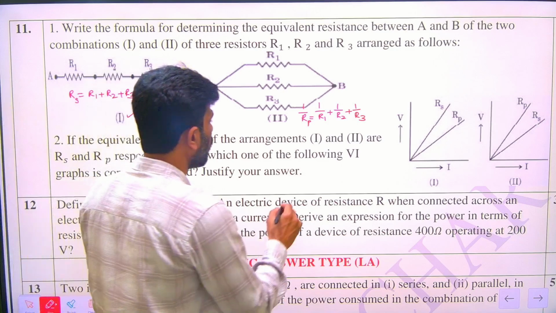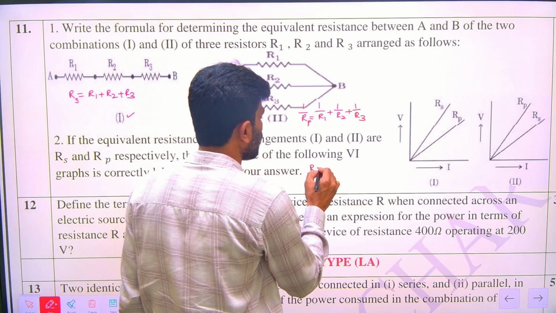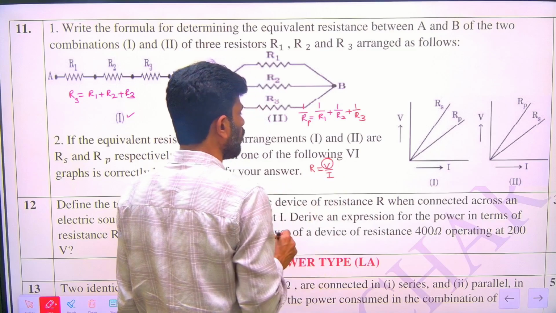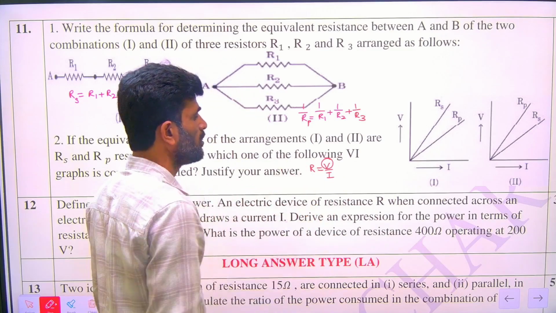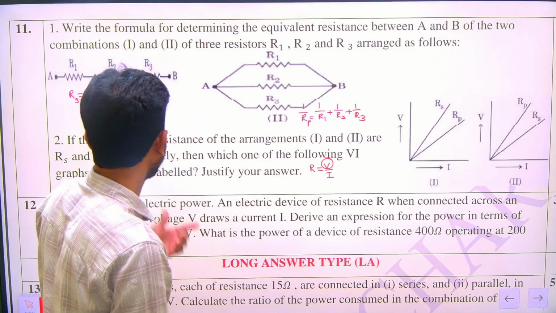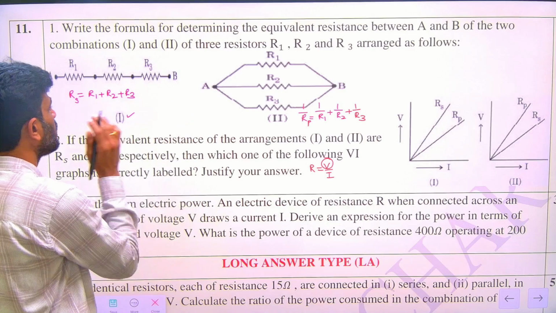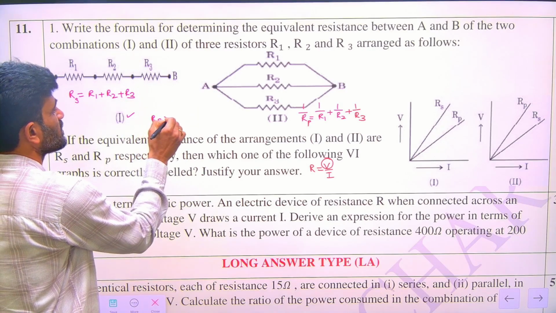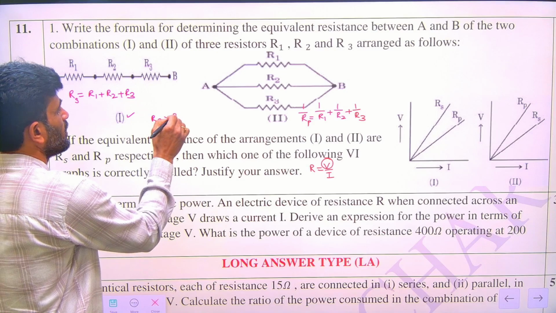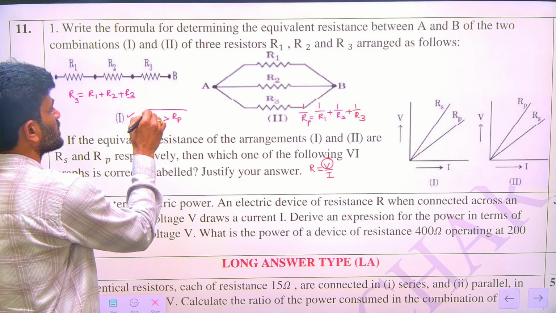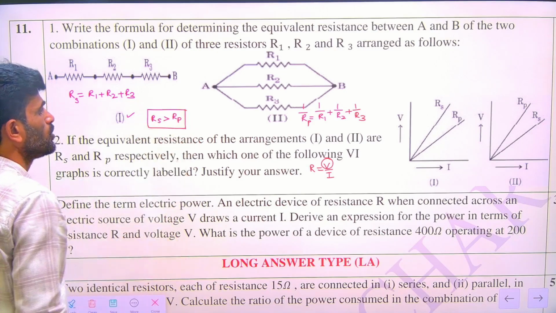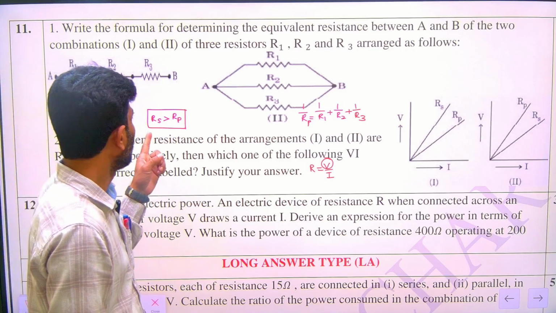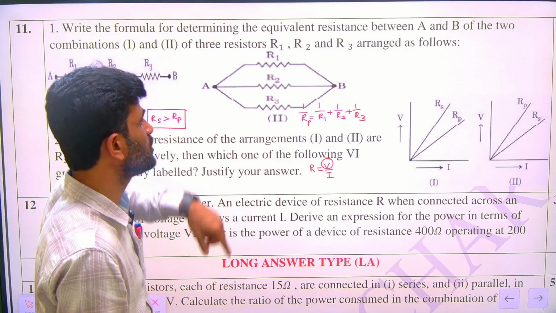As I said before, resistance is equal to V by I. Where voltage is more, the resistance will be more. And according to series and parallel connection, resistance in a series connection will always be higher than resistance in a parallel connection. This we have to keep in mind. So resistance in series connection should be higher. Means where RS is there, V by I should be more.